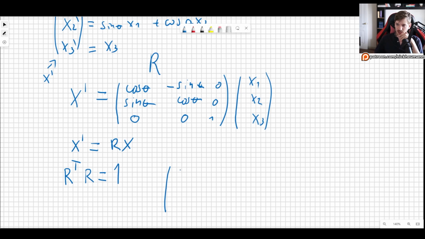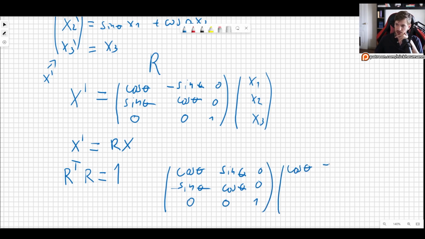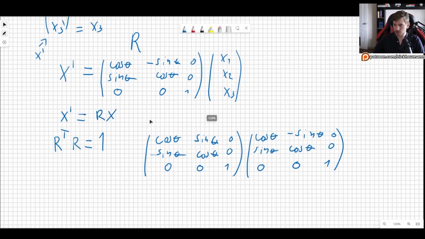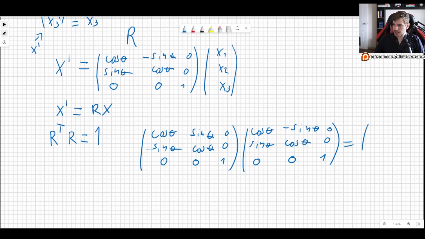The transpose here is simply cosine theta, sine theta, 0, minus sine theta, cosine theta, 0, 0, 0, 1. And now we multiply this by the original matrix, cosine theta, minus sine theta, 0, sine theta, cosine theta, 0, 0, 0, 1. So now we multiply this and we get a new matrix.